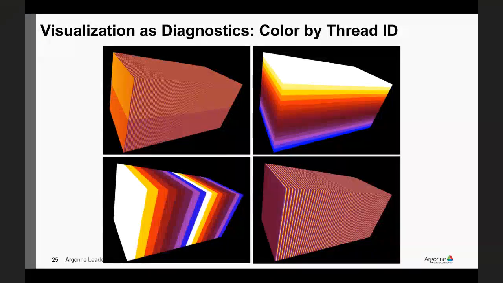Now, off the top of my head, I don't remember which one of these turned out to be the most efficient one, but you can clearly see that they're laid out very differently. And so by being able to go back and match that to the performance, it gave us some clues as to how to best do that thread distribution among the data.